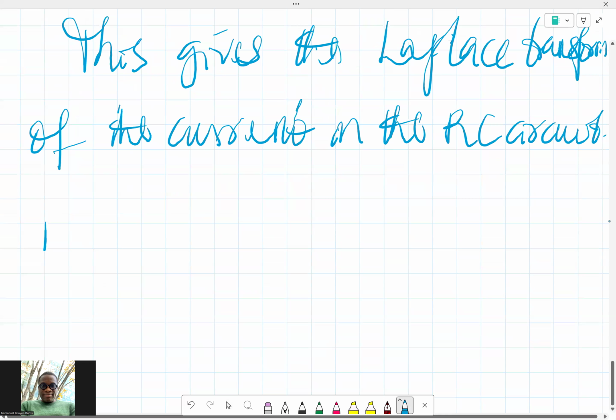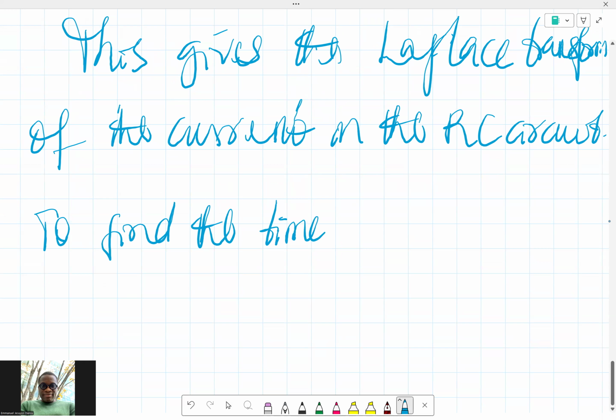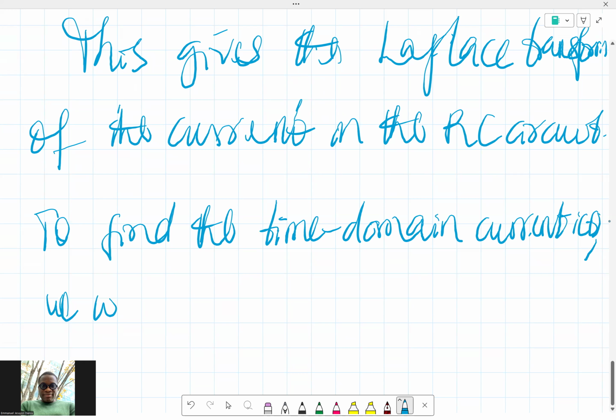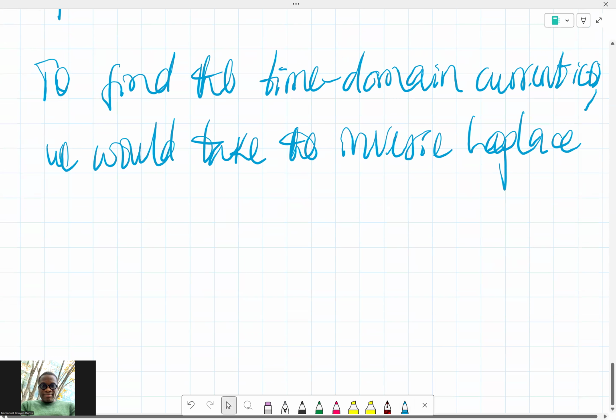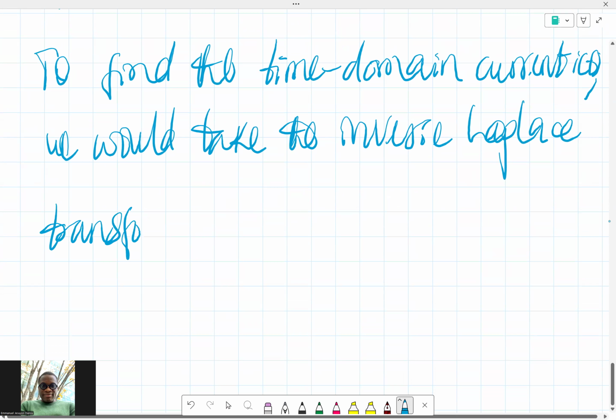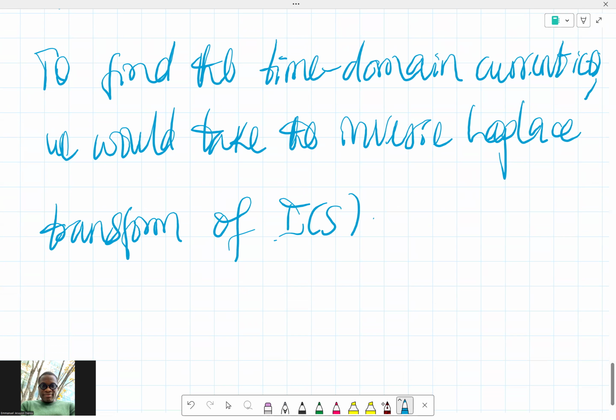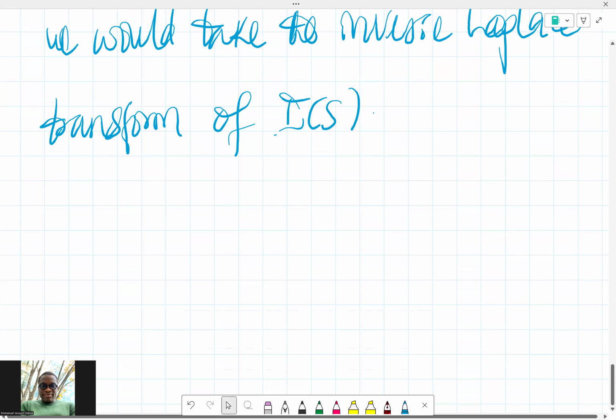To find the time domain current, that's I of t, we would take the inverse Laplace transform of I of s.